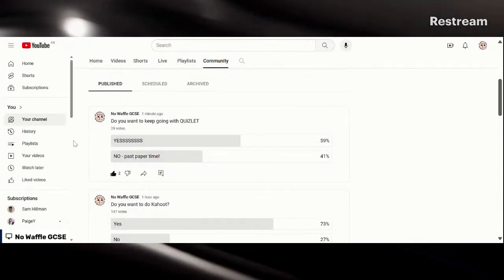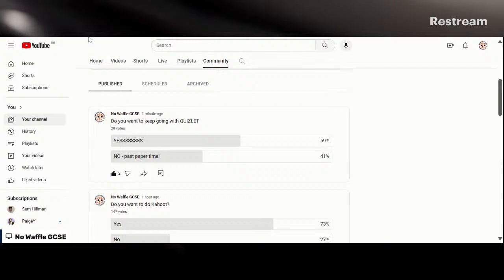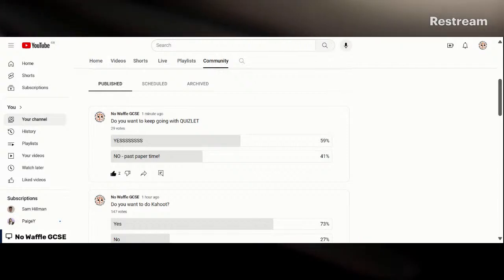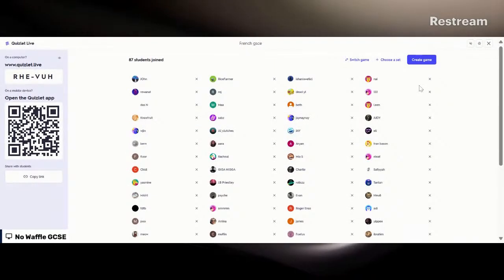Okay, it's becoming very, very equal now. So what we'll do is we'll do one more Quizlet live and then we'll do a past paper, okay? Let's do it like that.